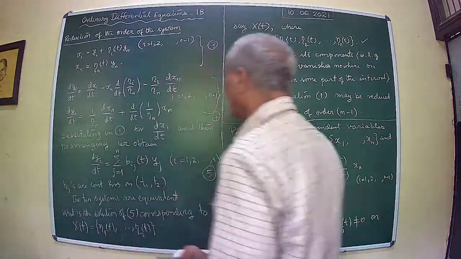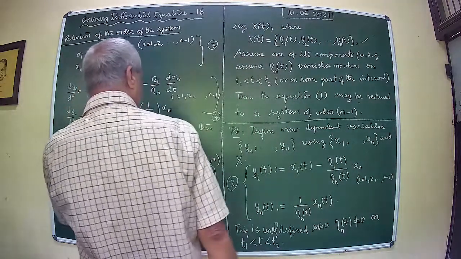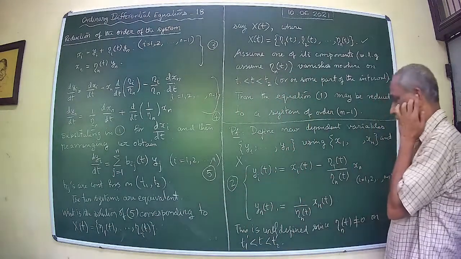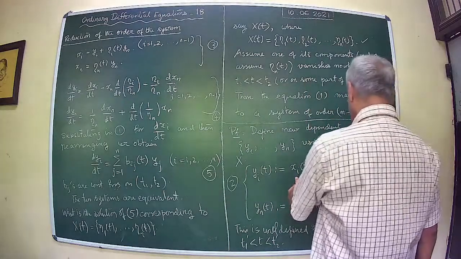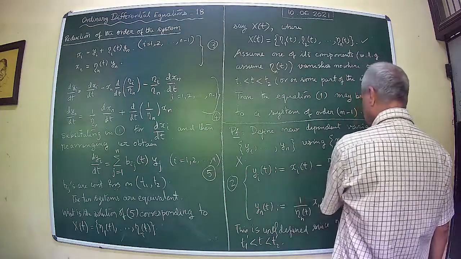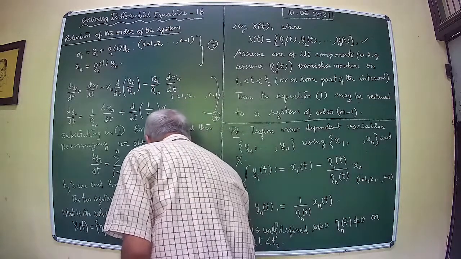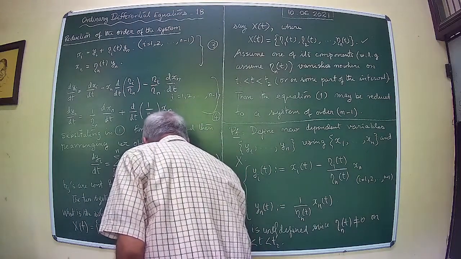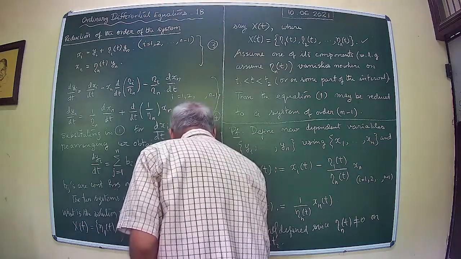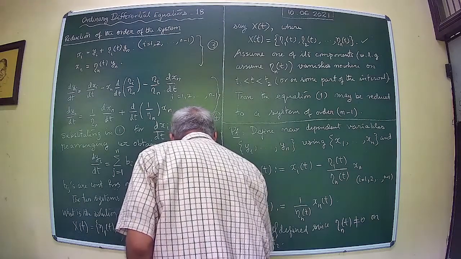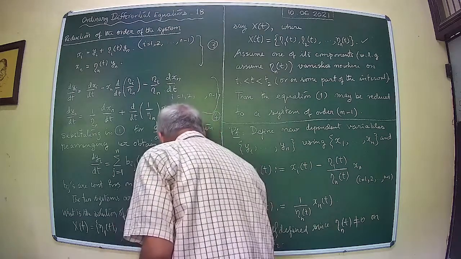Let's see. So look at this relation between xi's and yi's. Suppose xi equal to eta i and xn equal to eta n, then what do you get? yi is equal to 0. So that is yi t equal to 0 for i equal to 1 to n minus 1, and yn t is equal to 1.